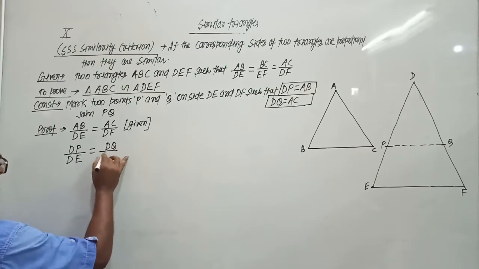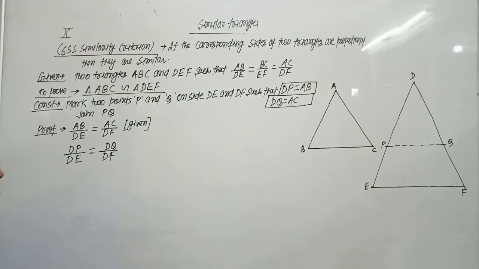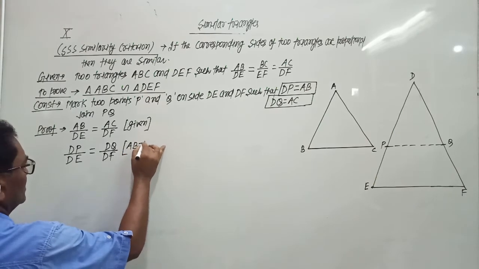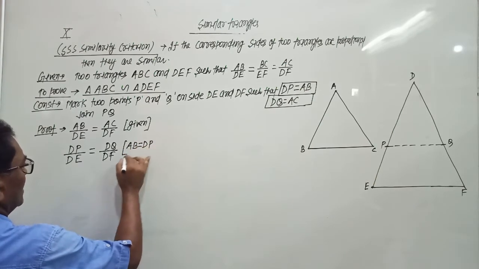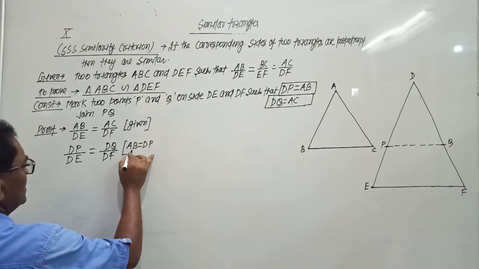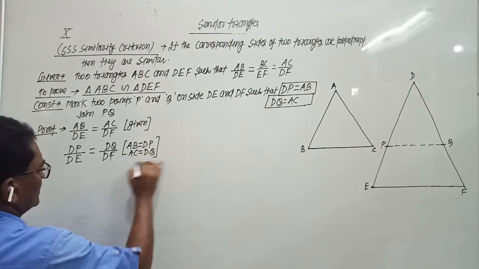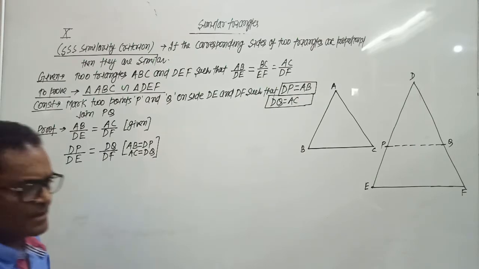The reason is that AB equals DP and AC equals DQ by construction.